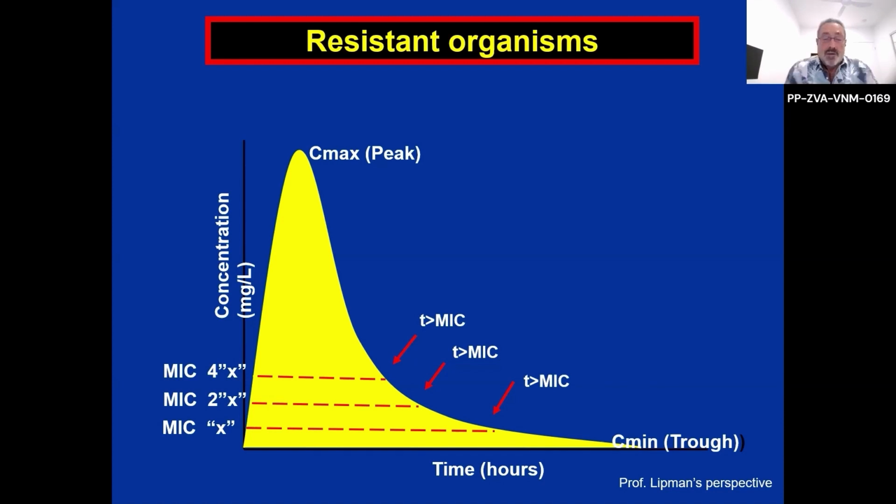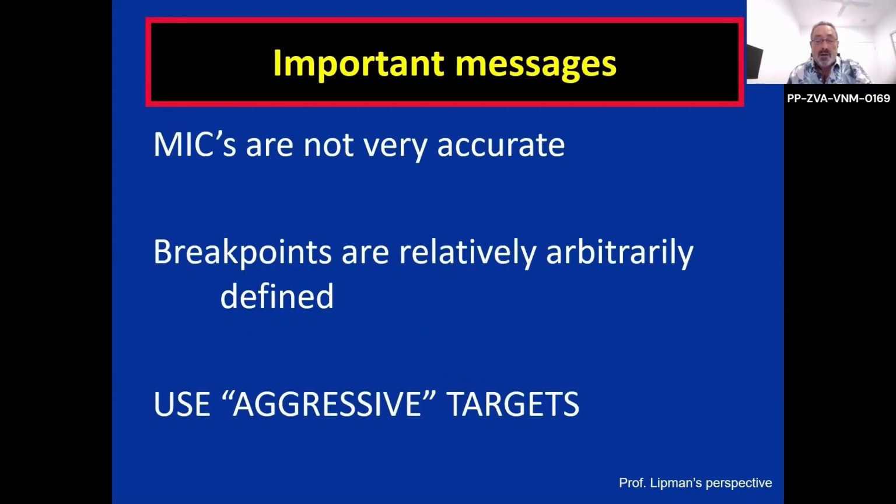And if it becomes even more resistant, time above MIC decreases even more. And hence, we would use probably both higher doses, but increase the frequency of this beta-lactam because of this time above MIC shortening with resistant organisms. And hence, I suggest you use aggressive targets for a lot of the ICU patients.